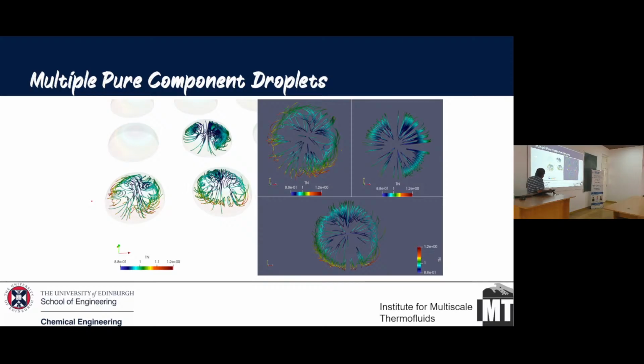I should have probably indicated it properly: one of them is the center droplet, and these are the side droplets, and this is what is happening within the droplet. You can clearly see that there's a lot of activity going on within the droplets, and if you have a population of droplets, you can't just add up a single droplet and get a population domain out of it. You really need to do these simulations.